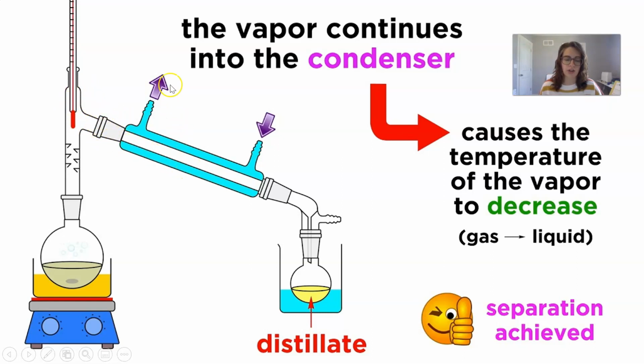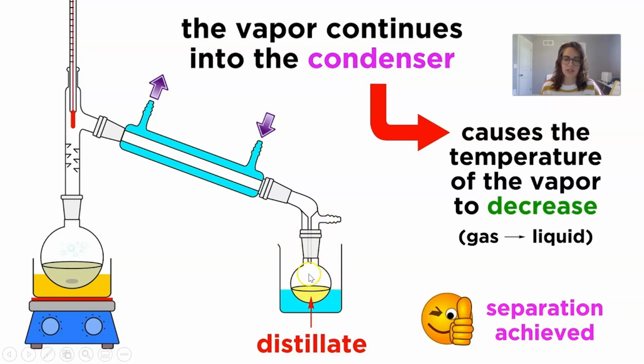This is where you flow cool water around the outside of this tube. This is a double layered tube here. The gas goes through the inside, and as it gets cooled down by the cooling water from the outside, it turns back into a liquid. And then it falls out into the collection, whatever you're collecting it in down here.